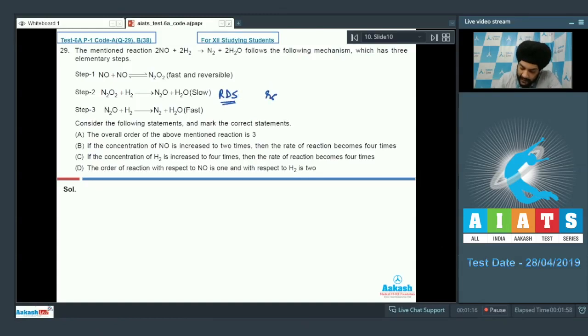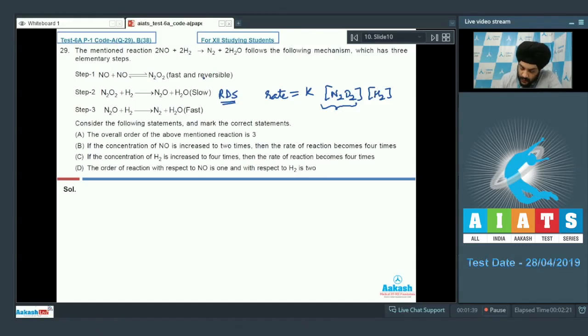And if we talk about the rate, it will be given by some constant K into concentration of N2O2 into concentration of H2. Now N2O2 is formed as an intermediate, so it cannot appear in the rate law. So we have to substitute N2O2 in terms of the reactants. So we have to use the first step.